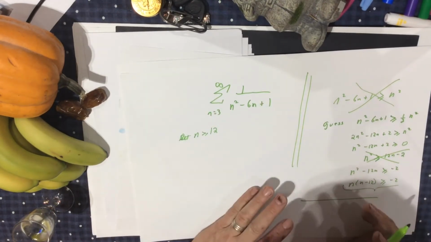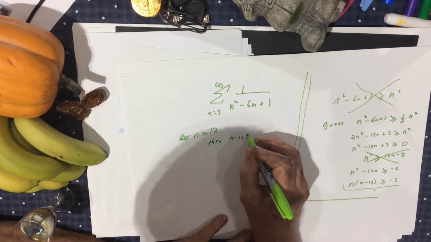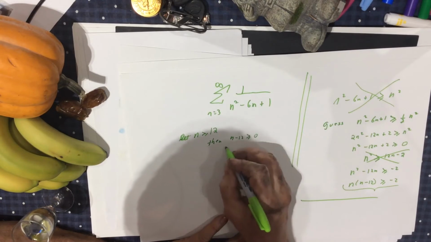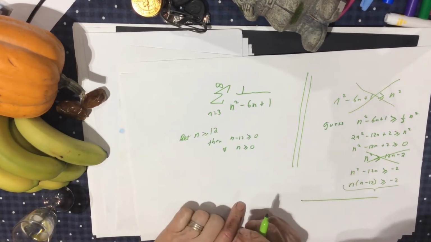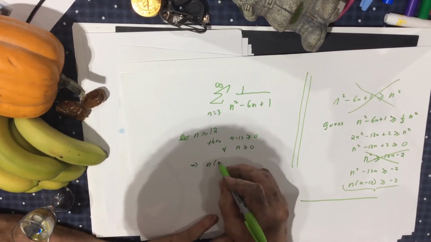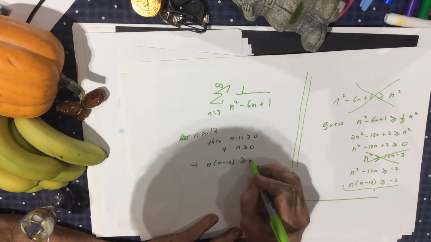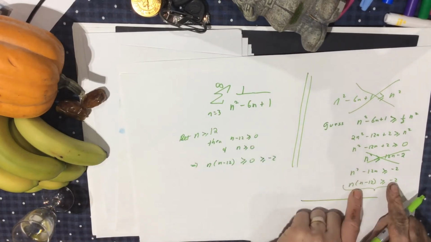So n is going to be bigger than or equal to 12. Then n minus 12 is positive, and n is positive. Threw some information away there. Now the product of two positive numbers is positive, and 0 is bigger than or equal to minus 2.